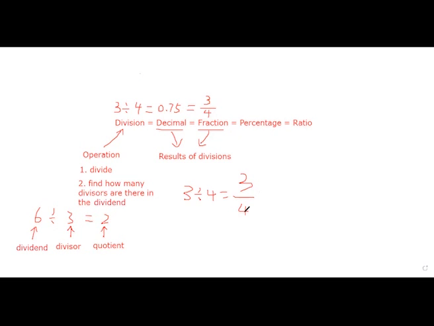We can also accept this as a result of 3 divided by 4. And we get the result right away just by rewriting the division, which is very convenient, right?